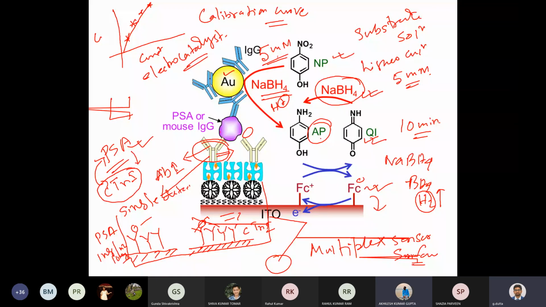Suppose you have 5 millimolar and 1 millimolar is already consumed because of this conversion, but still you have 4 millimolar. This 4 millimolar will help this conversion, because you have lots of sodium borohydride. Some hydrogen will help the conversion, and excess hydrogen can be released as a gas from the surface also. You will see lots of bubbles. You can check that there are some bubbles there.